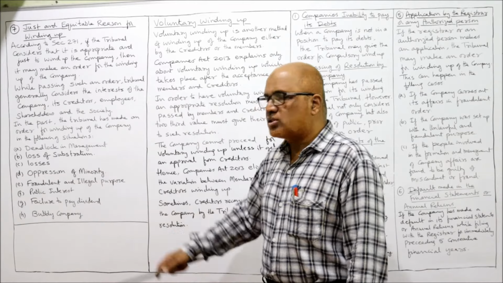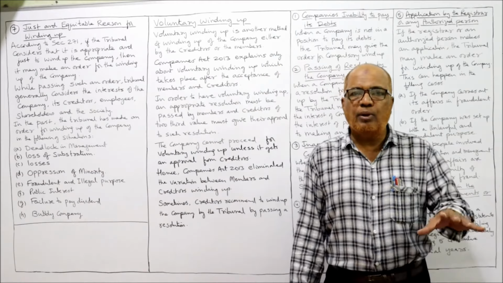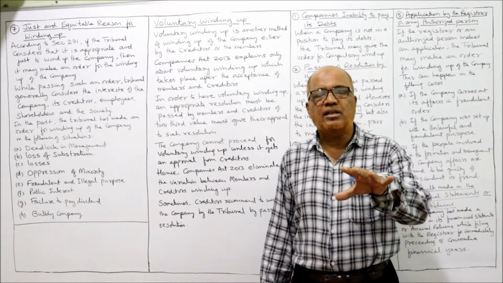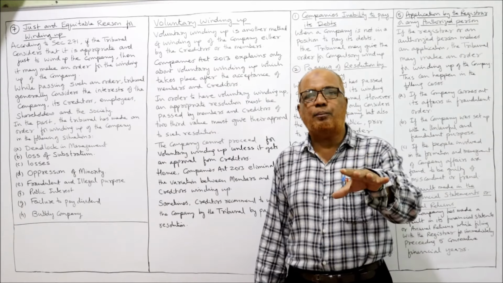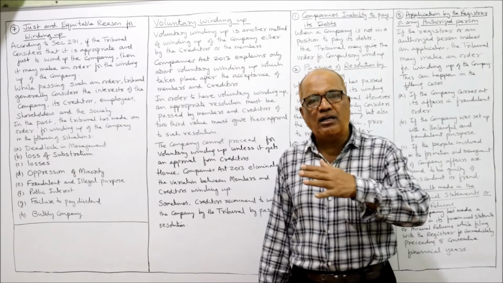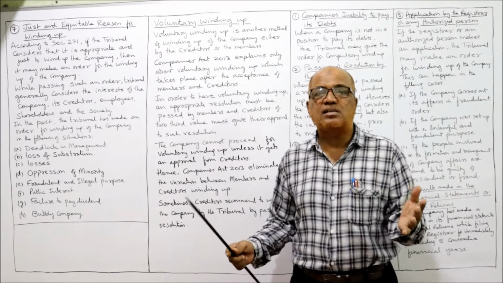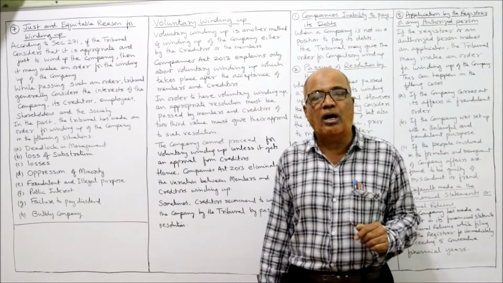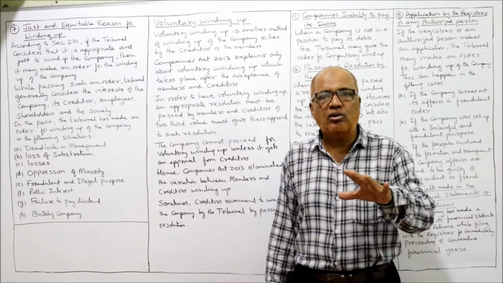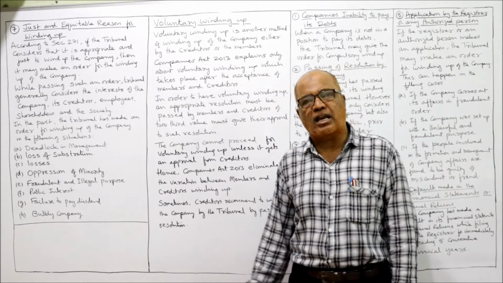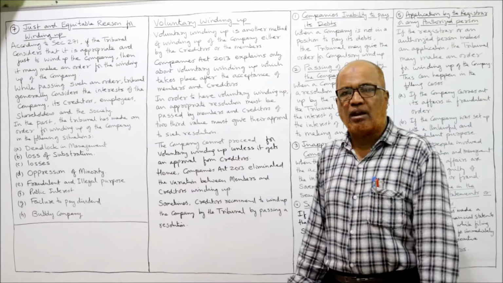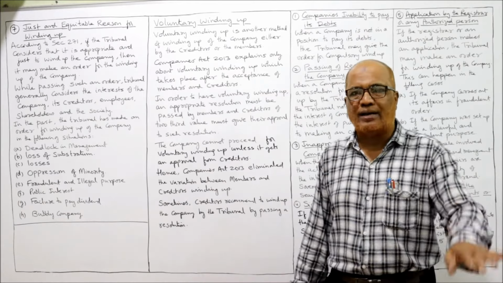Next one is losses. If the tribunal feels that there is no possibility of the company getting profit, the company is continuously incurring losses, and there are no chances that the company will be able to earn profit, then the tribunal will have the right to order the company to wind up.